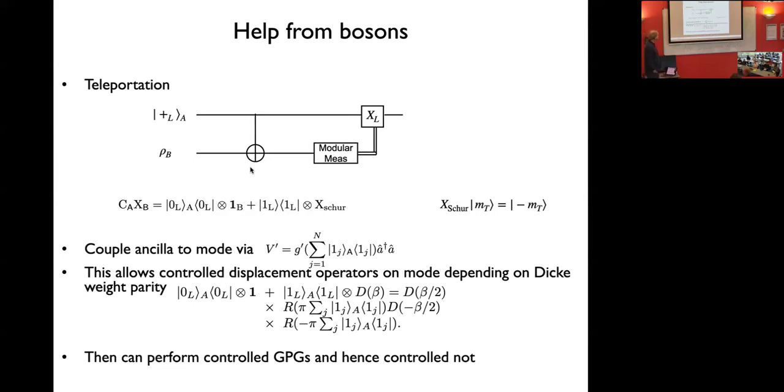But the general idea is that if you can couple this ancillary register qubit to a bosonic mode with a dispersive coupling, so that it couples to the number operator of the bosonic mode dependent on the Hamming weight of that state, then you can realize this controlled X operation by doing displacements on the mode as well as evolving according to this interaction for a time g' times t equals pi.